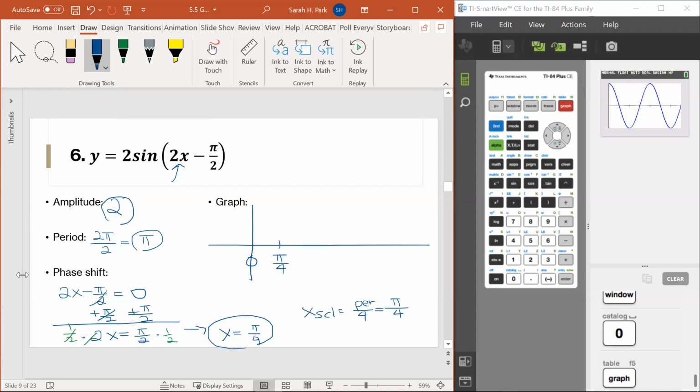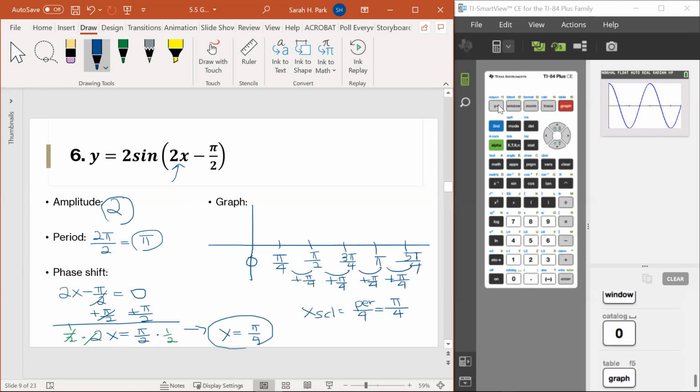Here's our starting point, pi over 4, and we're going to add pi over 4 each time. So pi over 4 plus another pi over 4 is pi over 2, we add another pi over 4. That's going to be 3 pi over 4. Another pi over 4, that's 4 pi over 4 or pi. We're going to do one more, add another pi over 4. We're going to end up with 5 pi over 4.